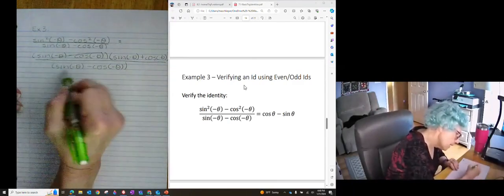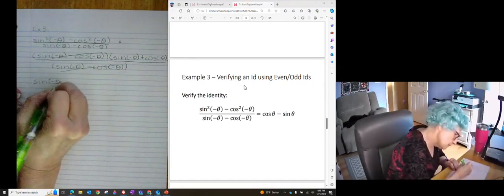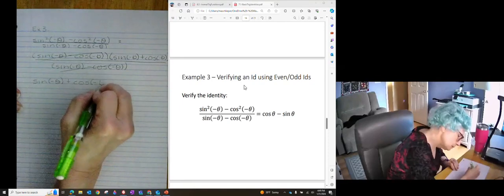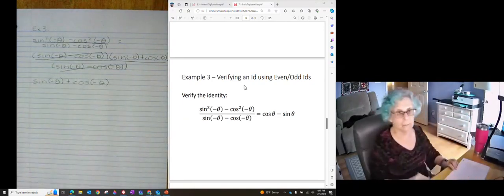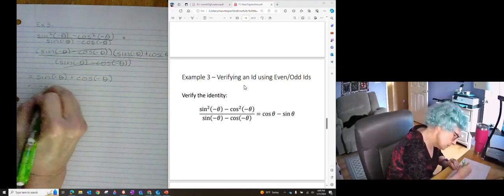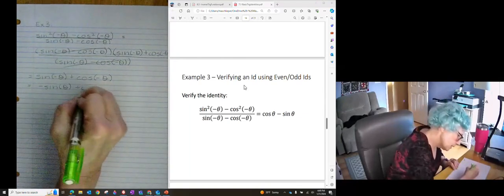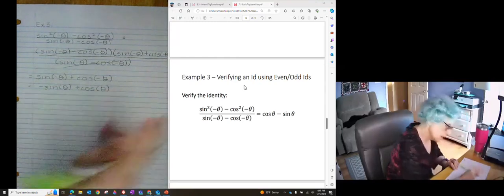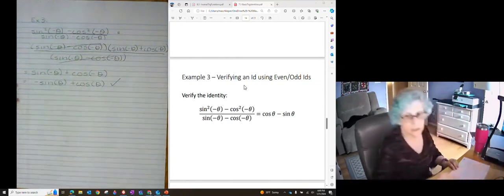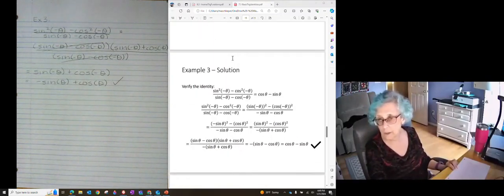But now I have that and that goes away. So I have sine of negative theta plus cosine of negative theta. Well, sine of negative theta is equal to the negative of the sine of theta, and cosine of negative theta is equal to the cosine of positive theta, which is exactly what I have there, except it's written in the opposite direction, and I'm not going to write it in the opposite direction just to put the check mark next to it. There's the pretty answer.